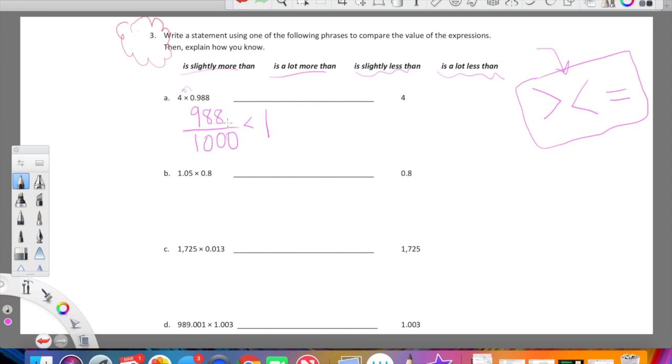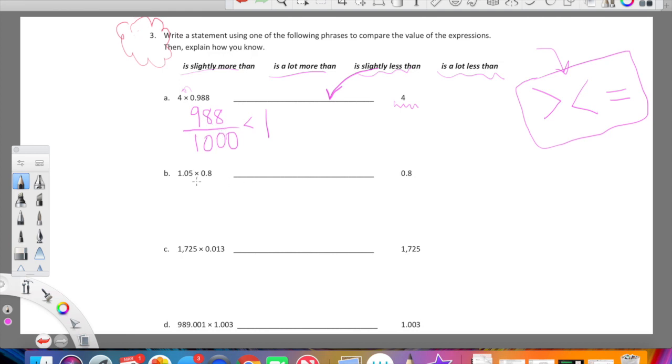Because this is just slightly less than 1, when we multiply this by 4, the result is going to be just slightly less than 4, because 988 over 1,000 is just slightly less than 1.